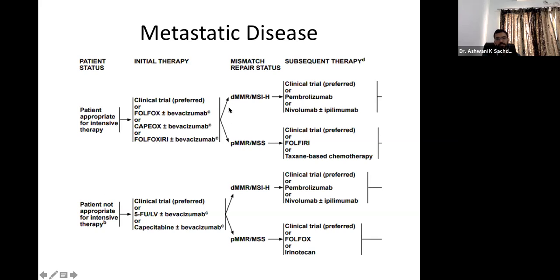And then when there is a progression, based on the mismatch repair status, in second line in case of MSI high, therapy should be pembrolizumab or nivolumab. Checkpoint inhibitors can be considered in case of MSI high, like in colonic cancer where they have shown sensitivity in microsatellite unstable disease.